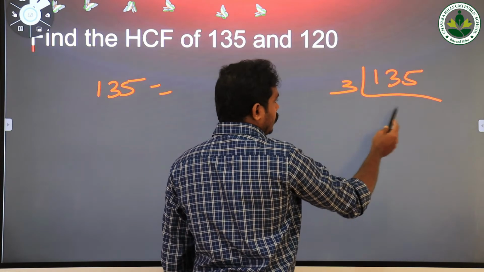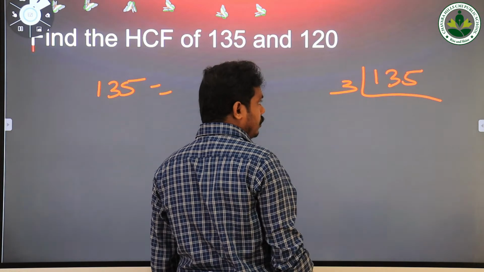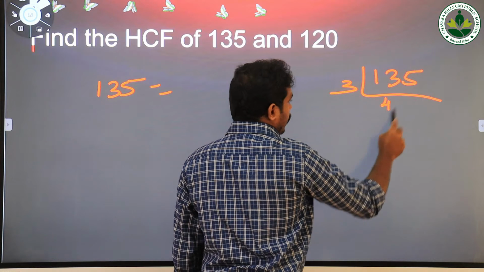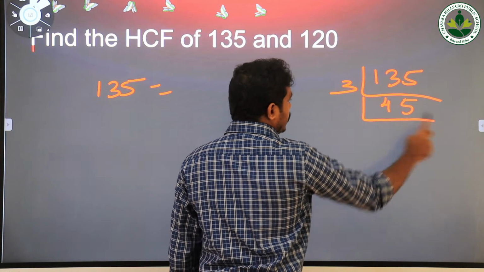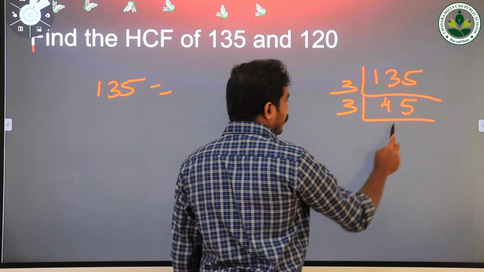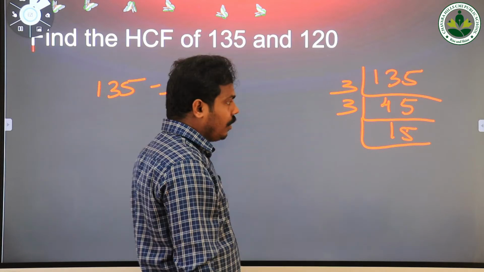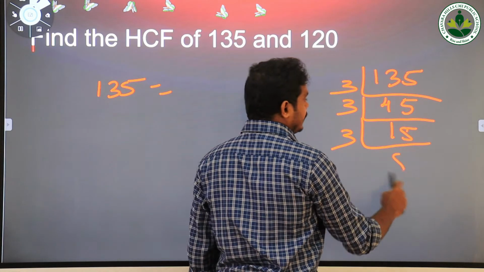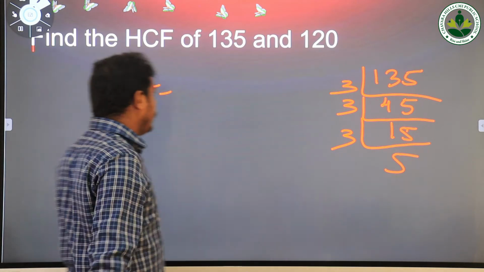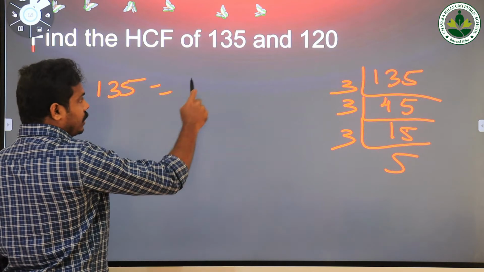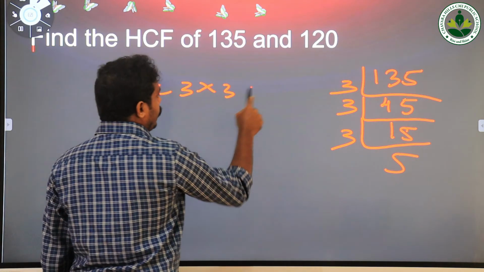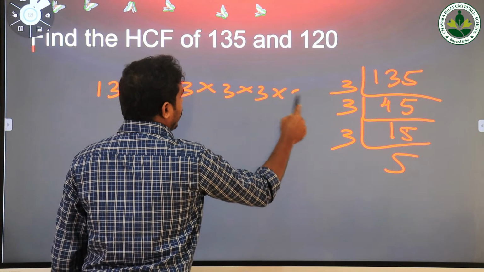Yes. So 3 into which number? Yes, 45. Then we can divide 45 by 3, that is 15. Then 15 by 3, that is 5. So the prime factorization of 135 is 3 into 3 into 3 into 5.